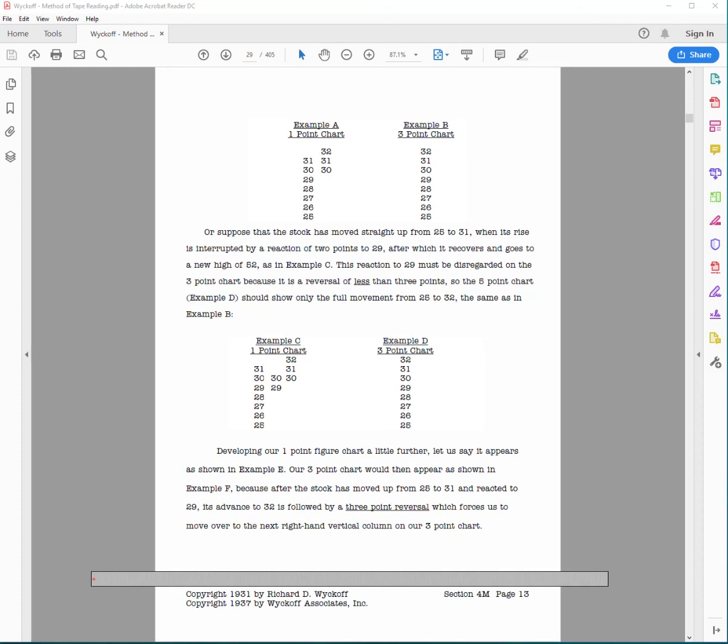So here's the thing: you need to be able to do the 1 point figure chart and a 3 point figure chart. Almost all platforms have the 3 point figure chart, right? 3 point reversal and 1 point. But in general, I think TradeStation has the 1 point figure and the 3 point.